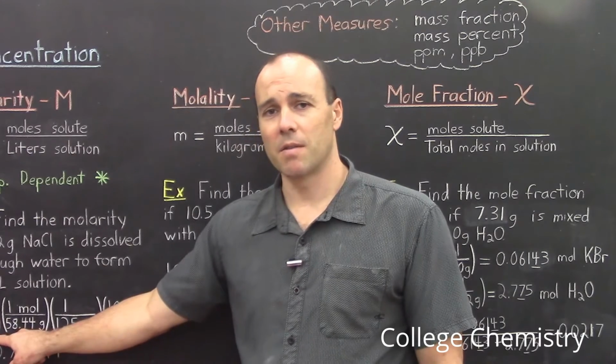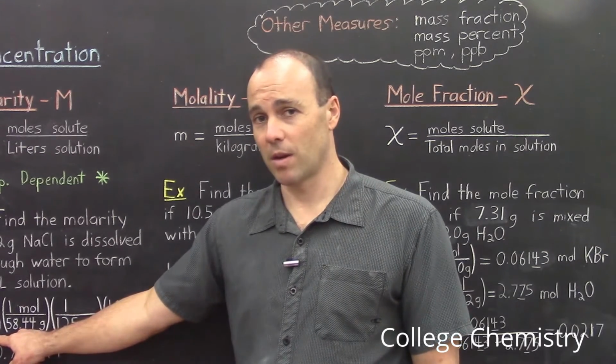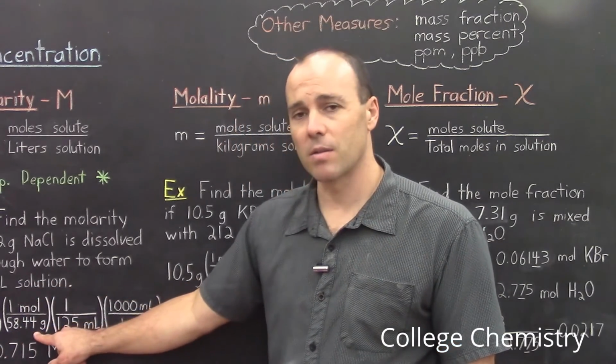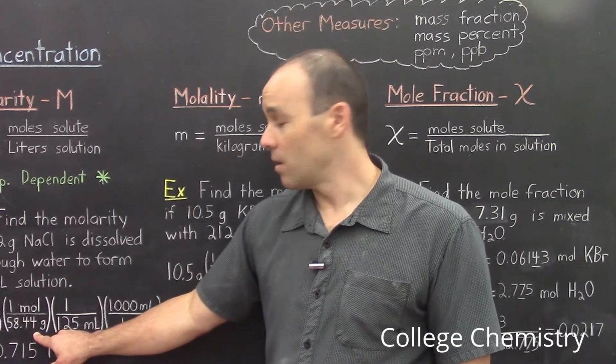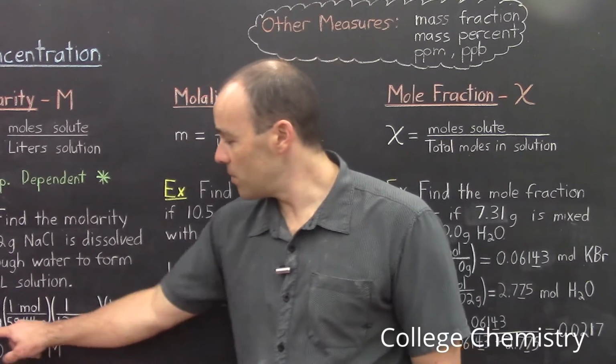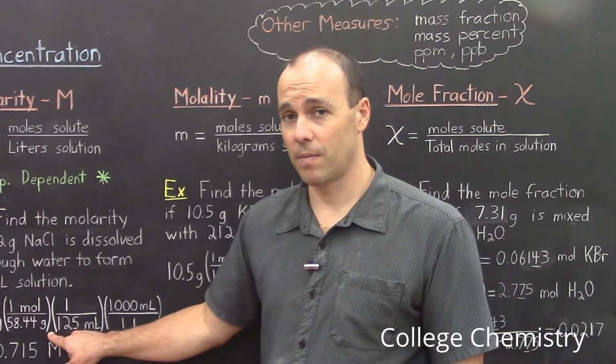Starting with the mass of the solute, 5.22 grams of sodium chloride, we convert that to moles using the following conversion factor, 1 mole over 58.44 grams. And if you do the calculation up to here, you have moles of sodium chloride.